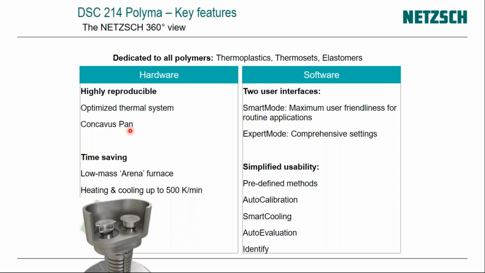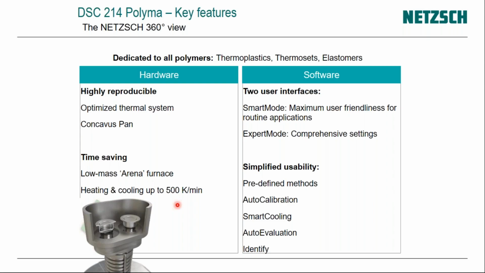It is very time saving, because in this technique we have a very high heating and cooling rate. Ideally, for differential scanning calorimetry, the heating rate is 20 degrees per minute or 10 degrees per minute.